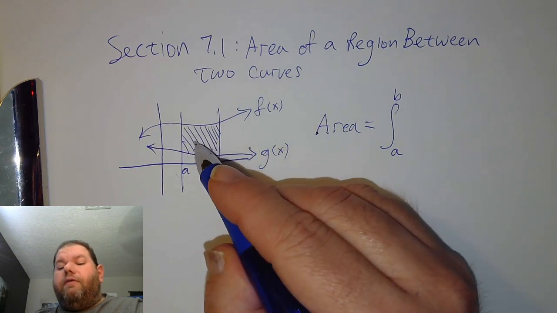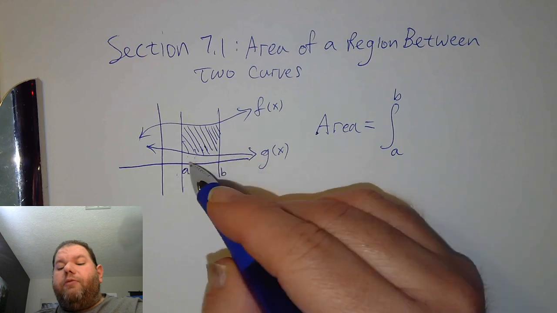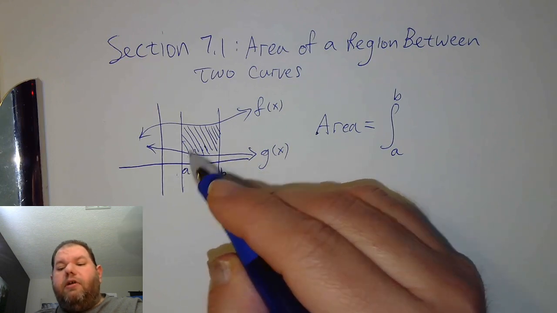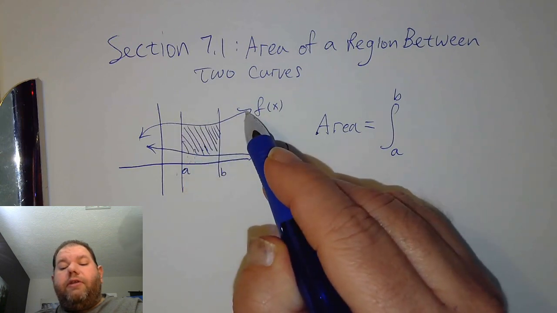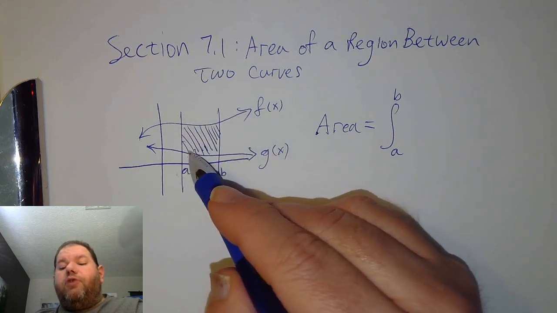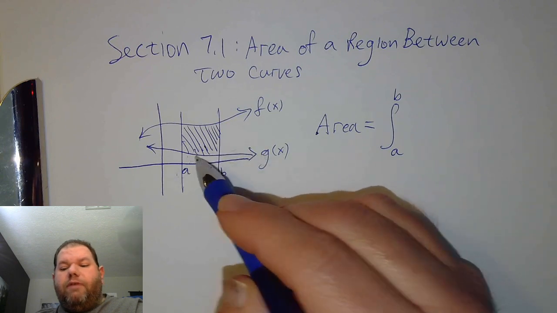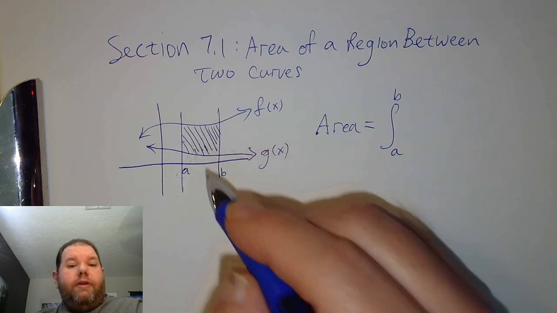If we integrate f of x, we'd get both of these sections together, and if we integrate g of x, we would get this section. So the way we solve for the shaded region is to take the area underneath f of x and subtract the area underneath g of x, and that leaves what is in between the two.